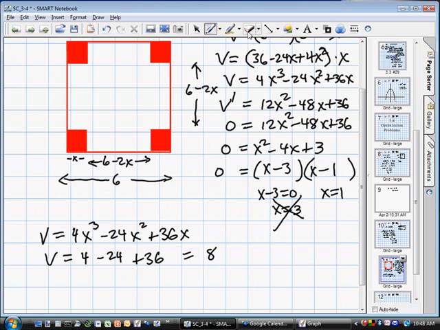Sorry, that's not right. 36 minus 24 is 12, and 12 plus 4 is 16. And I forgot, what were those? Inches. Okay, so finally, what's the biggest volume you could get? There it is. So do you see how we're just using the same stuff we've learned all along?